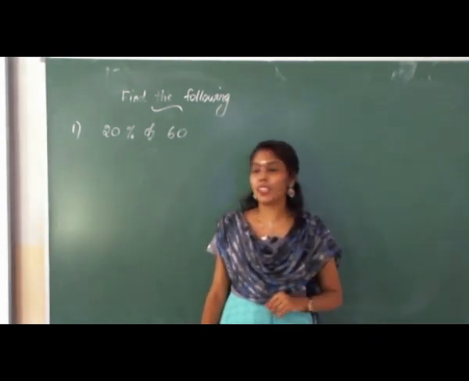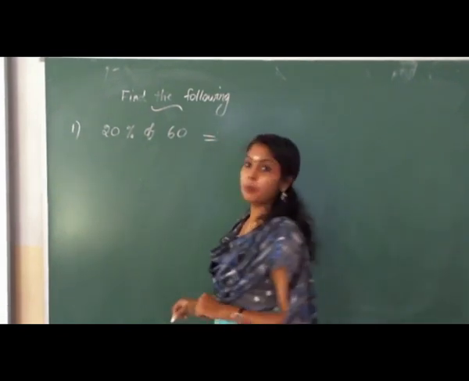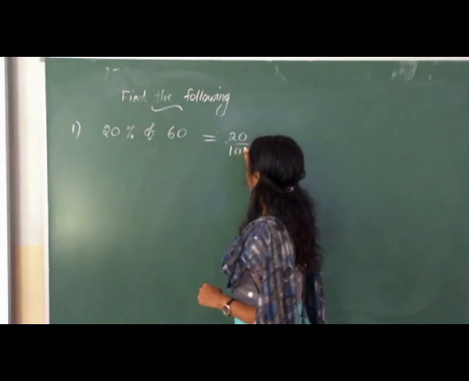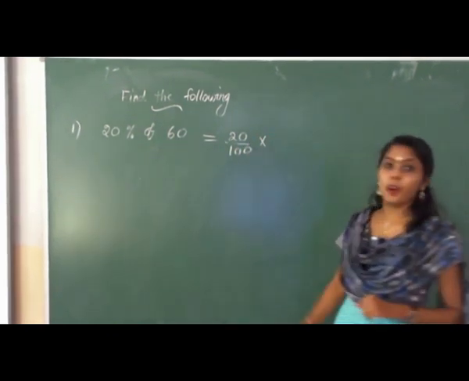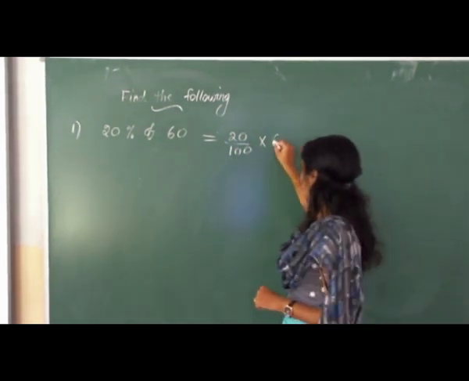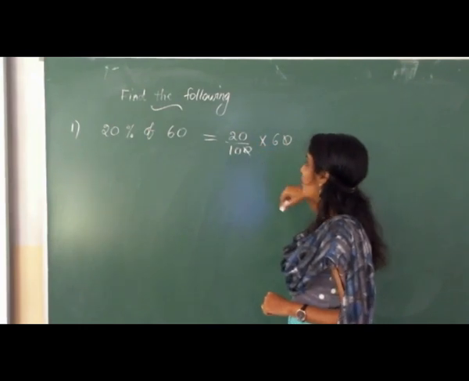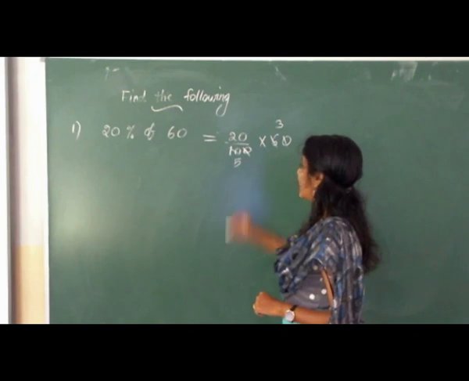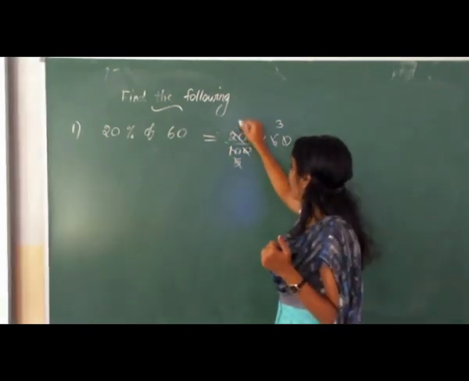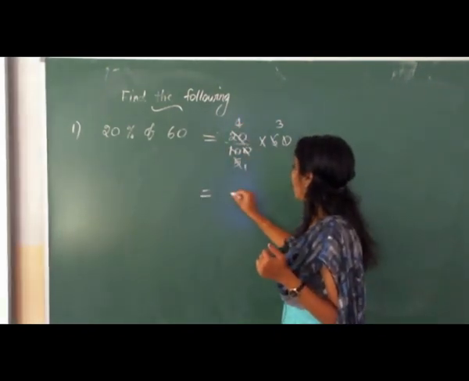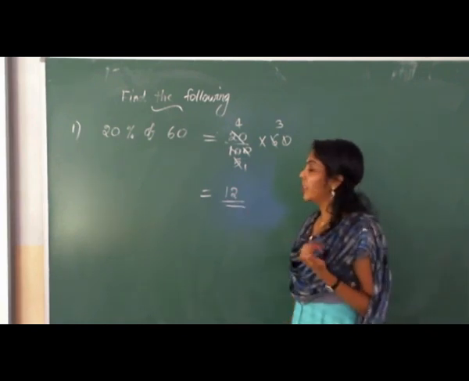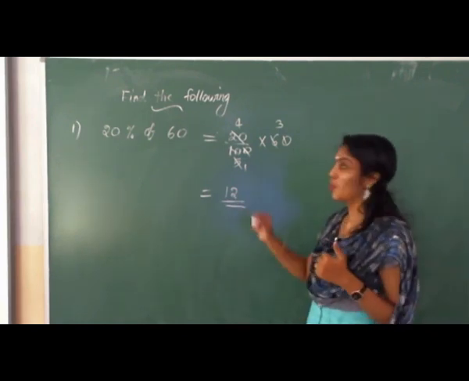Yes, multiplication. 20% means 20 by 100, of means multiplication, 60. Cut these two zeros, cutting method: 10 and 6, 3 2s are 6 and 5 2s are 10, 5 in 20, 4 times, 4 3s are 12. So, what's the answer? 20% of 60 is 12.